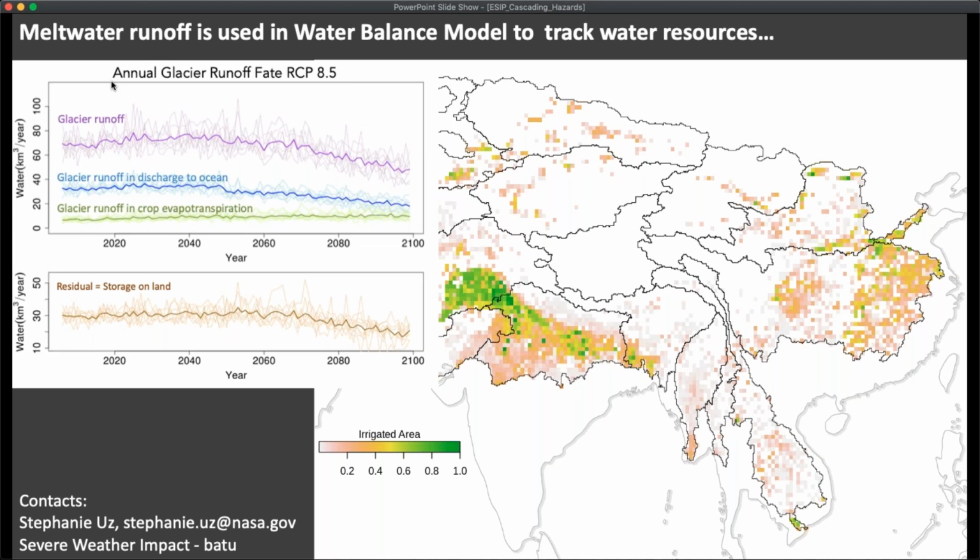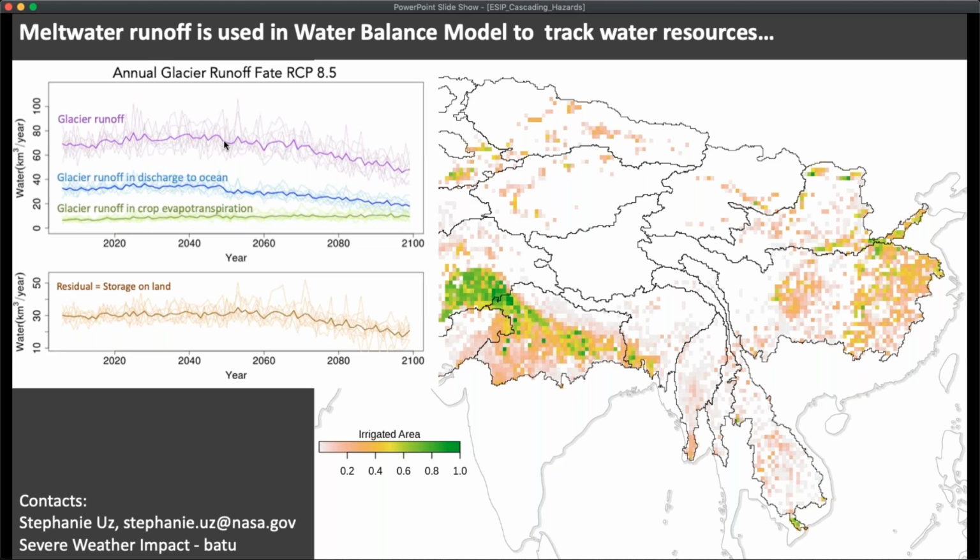I'm only showing the 8.5 scenario, but in most of these basins that I showed in the previous slide, we're reaching a peak water year at around 2050, which means that glaciers are losing water so much that there is not much glacier left that they can keep up with the loss anymore.